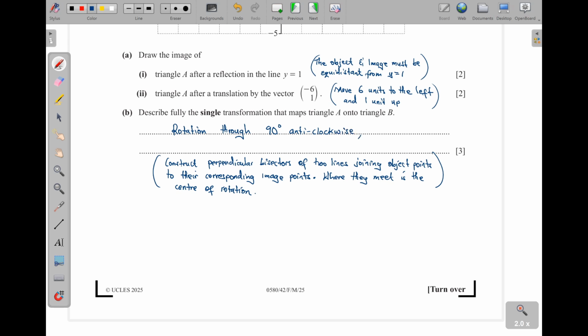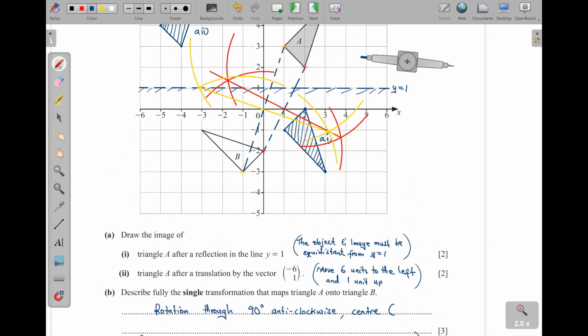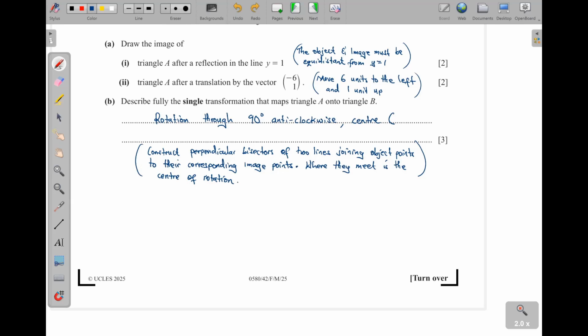And the center we have seen, the center is what? Where the two met. It is here, that is (3, -1). Center, (3, -1). So this is one mark for the center, this is another mark, and then this is another mark. Those are the 3 marks.